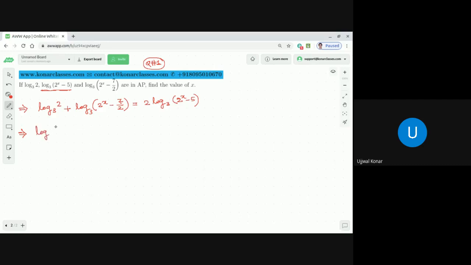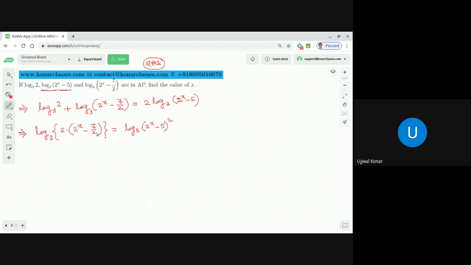That means log of 2 into 2 to the power x minus 7 by 2 with base 3 should be equal to log base 3 of 2 to the power x minus 5, whole power 2. Because we know m log n is equal to log n to the power m. That 2 goes to the power. Dear students, all of you got it?